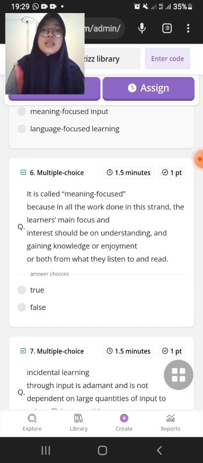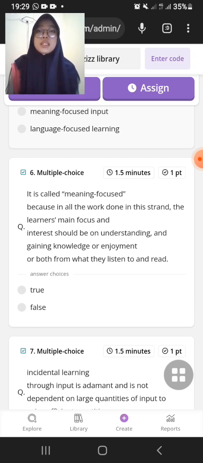Number 6. It is called meaning focus because in all the work done in this strand, the learner's main focus and interest should be on understanding and gaining knowledge or enjoyment, or both, from what they listen to and read.